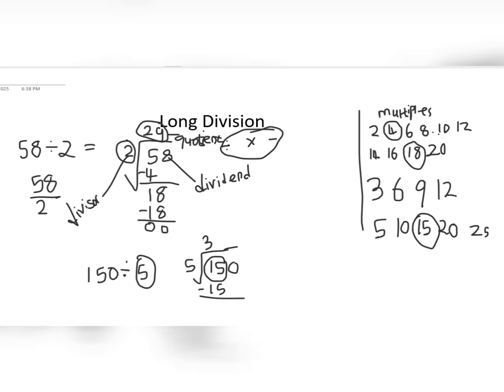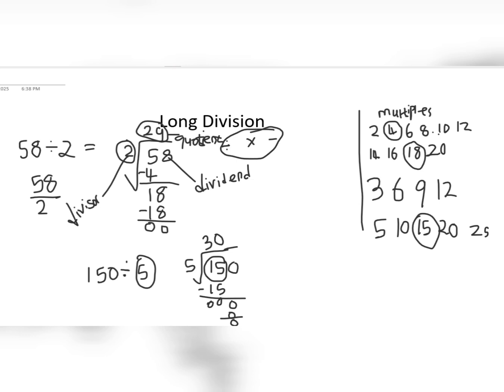Then the child will subtract. When you subtract, this will cancel this. But there is still 0 remainder here. So you do 5 into this 0. 5 into 0 is 0. And 5 times 0 is also 0. So with that, you've gotten the solution.